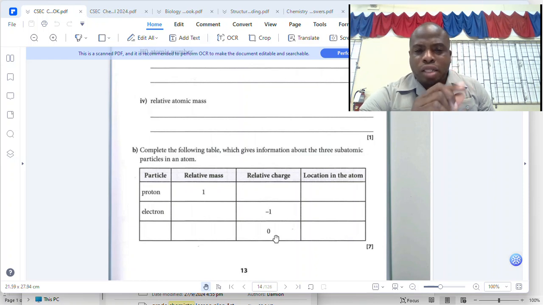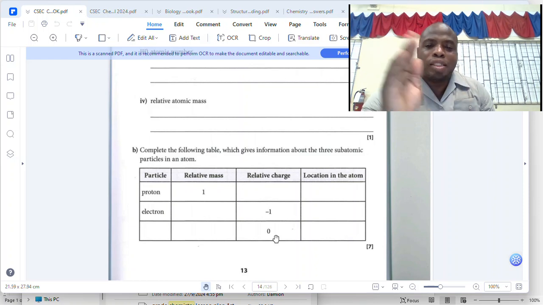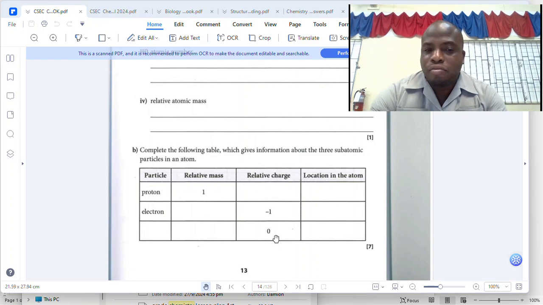And so if you know the atomic number, that puts you at an advantage. Why am I mentioning this? So the proton, if you know the proton of an atom or an element, like for example magnesium, do you know the atomic number? If you said 12, you're correct.